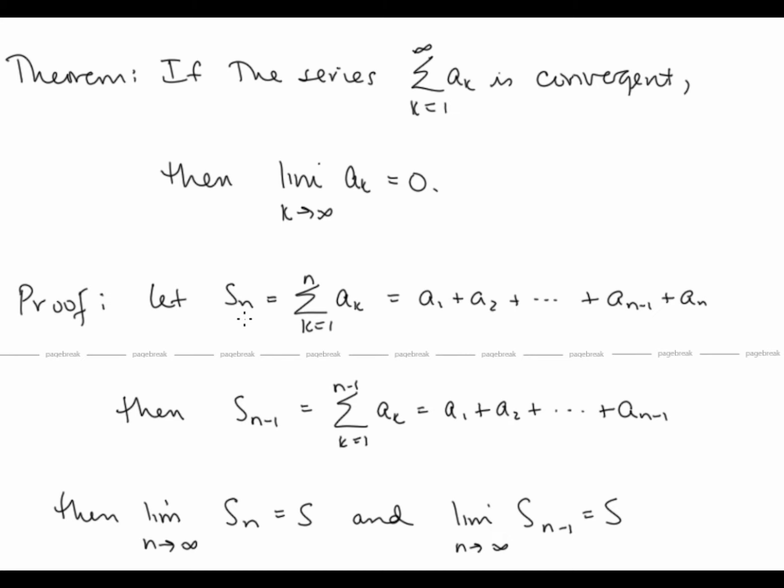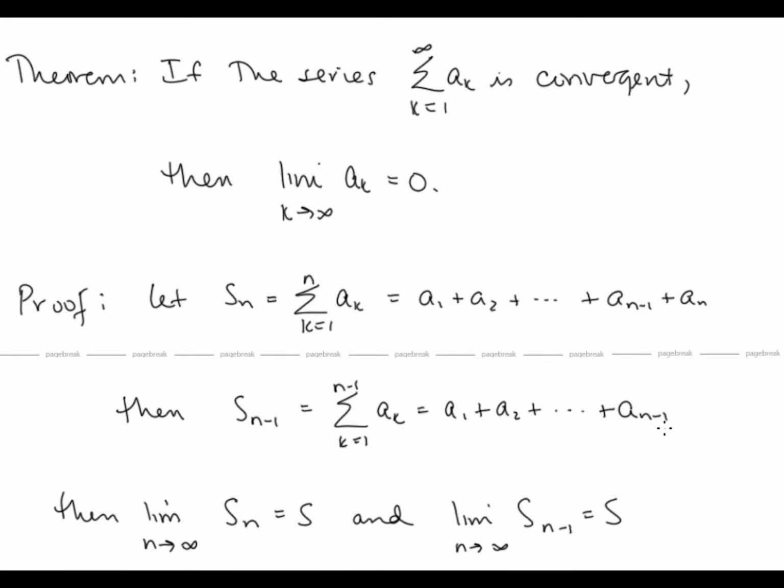Let's take a look at the nth partial sum and the n minus first partial sum. S sub n is a1 plus a2 all the way up to an, and S sub n minus 1 is a1 plus a2 only up to a sub n minus 1.